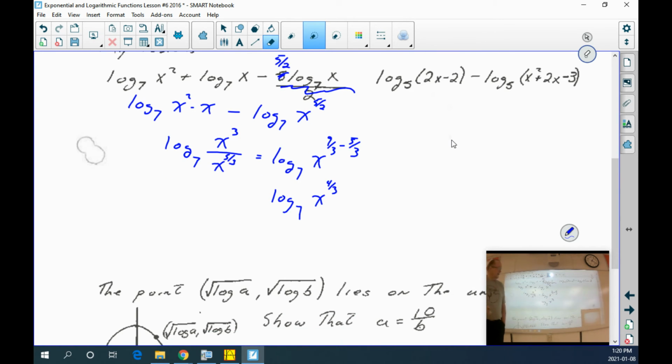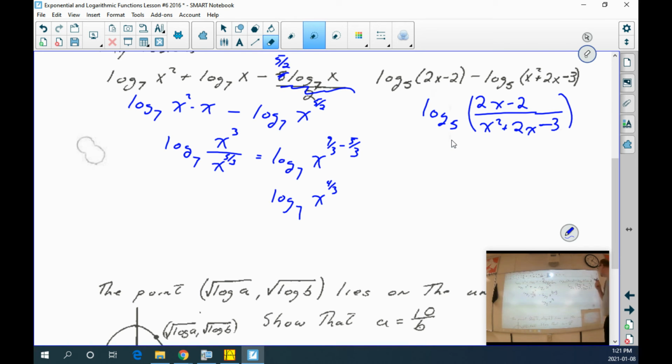Now, the fact that we have a binomial and a trinomial here does not affect this. We have the difference of two logarithms. I'm going to take the difference of two logarithms and I'm going to write them as the quotient, or the logarithm of a quotient. Now, generally what I like to do is, can I reduce this?